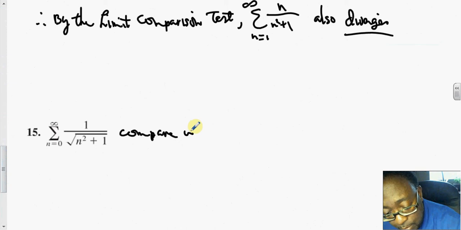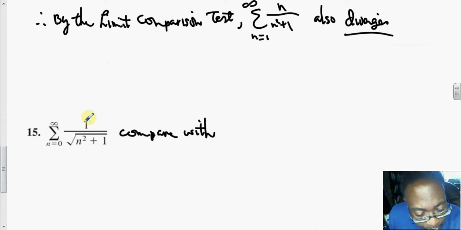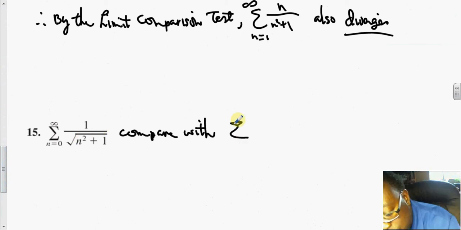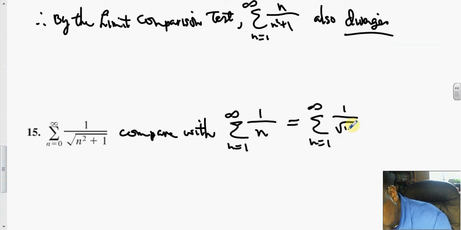We come here, we compare with, if this wasn't a plus 1, this would be 1 over the square root of n squared, or 1 over n. So we compare this with the summation as n goes from 1 to infinity of 1 over n, and I'm going to equate this with the summation as n goes from 1 to infinity of 1 over the square root of n squared.